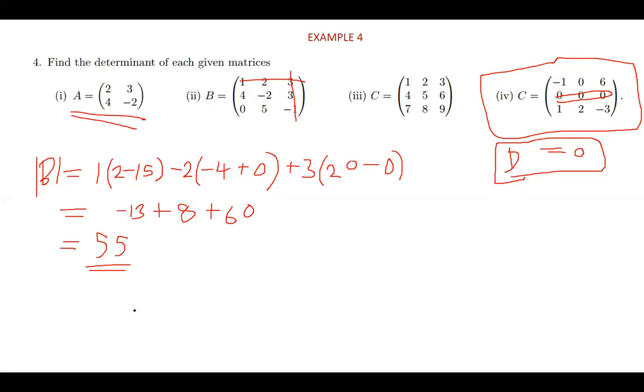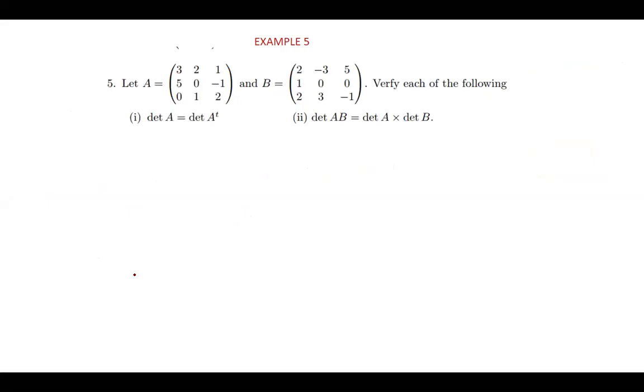So this is what we're going to get as our determinant. Let's see what's next. Maybe we can do two more things before we close the meeting. This one is also testing you on how to find determinants. For such questions, when they tell you to verify, to prove, or to show, sometimes it's the same as you having already been given the answer, and you just need to show that this answer is true.